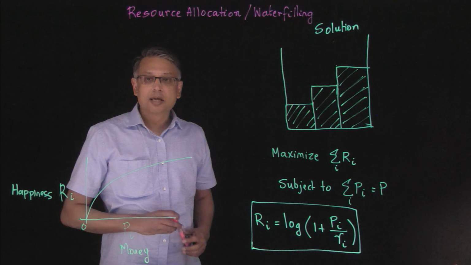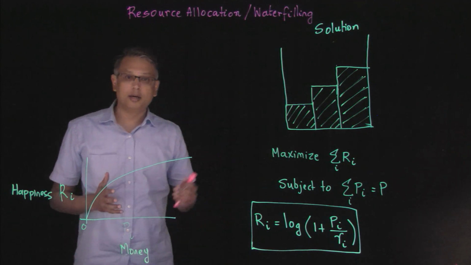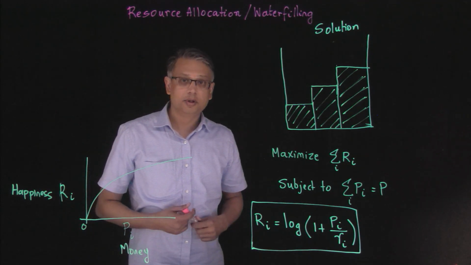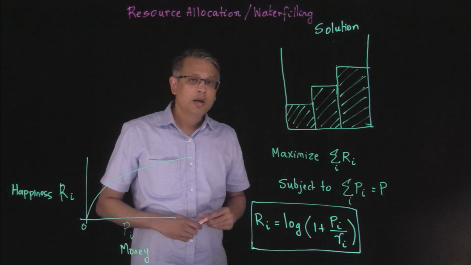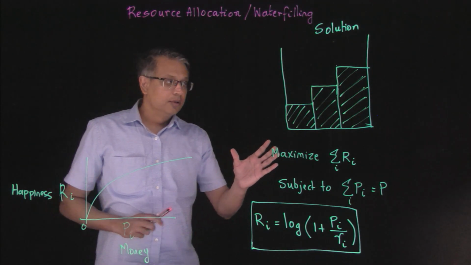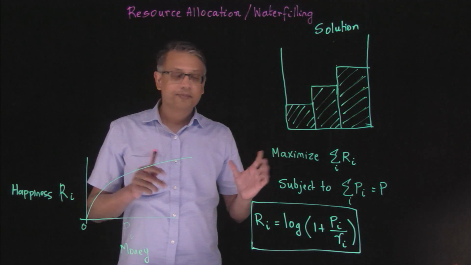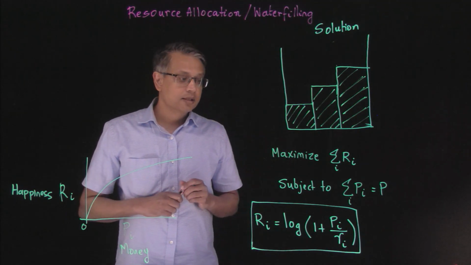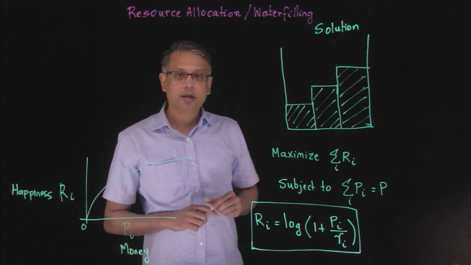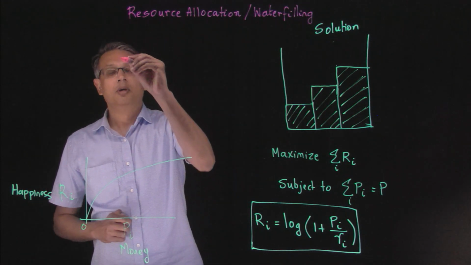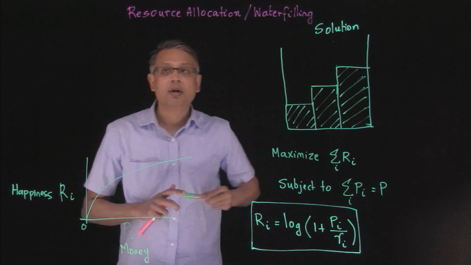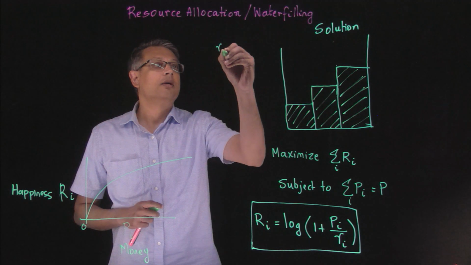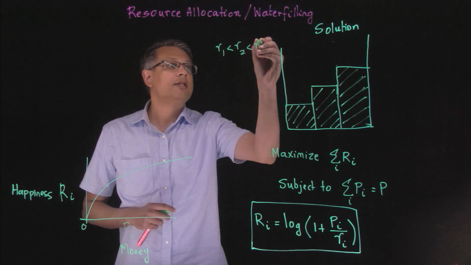So remember again, these gammas are the factors that decide how the reward is related to the resource. Now, the solution can be understood like this. Let's say we take the gammas and we sort them in increasing order. So we say we have gamma 1 is less than gamma 2 is less than gamma 3.